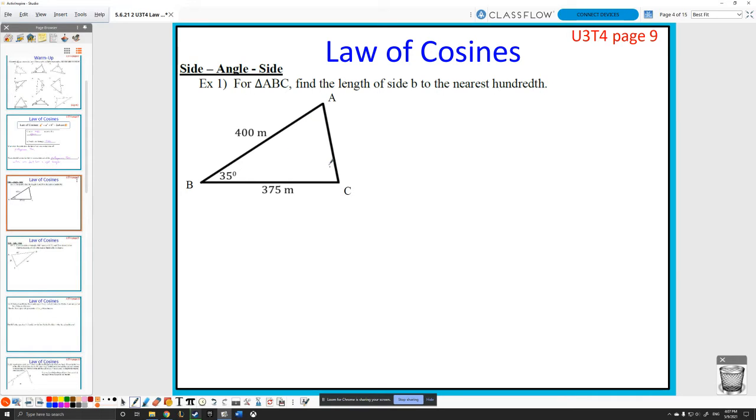The angle here is missing, which would normally match up with my 400 here. The angle here is missing for 375. And I don't have the side length for the 35 degrees. So this is the time you're like, okay, law of sines is not going to work. Let me try law of cosines. Again, I'm going to solve for the side length b.